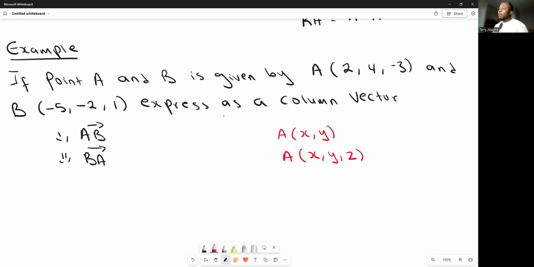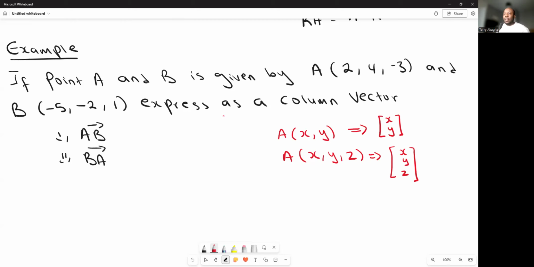So you can write this as X and Y, as a column vector, or you can write it like this, X, Y, and Z. Don't worry, we're going to talk about this later. We have a video for that. But I just needed to introduce this position and location vector here because it's really important for us to understand so that we can talk about the other concepts later.